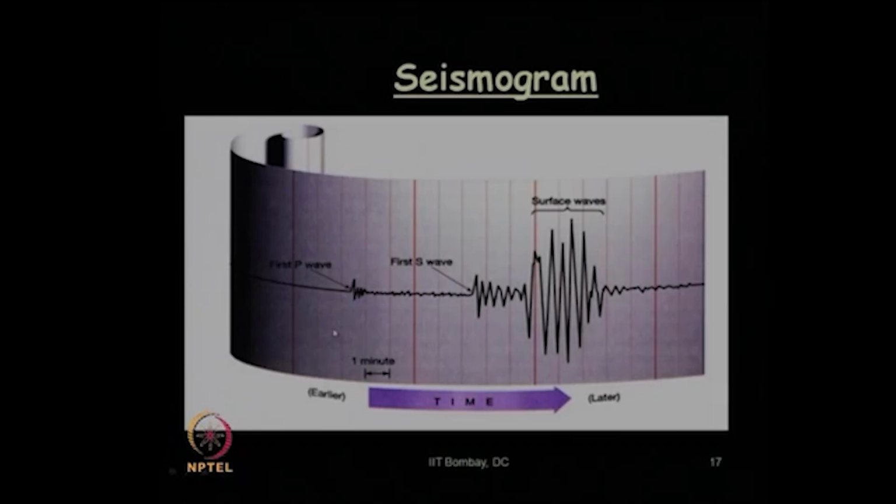So, based on that we can identify the epicenter of an earthquake, and that is how any number of recording stations together identify a particular earthquake which has occurred at any part of the world. It need not always be on a continent, as I said, it can be in a deep ocean also, and that also can get recorded in a seismograph located on some continent. So, that we will see a little later.